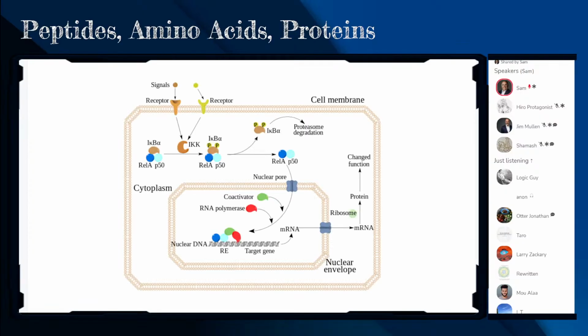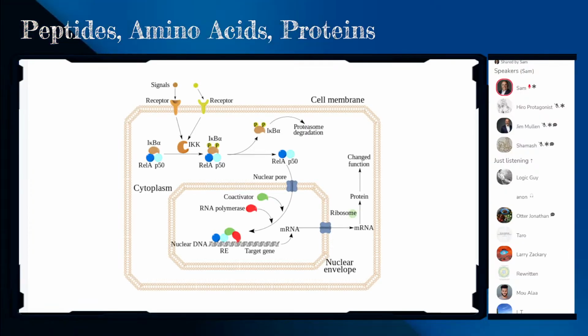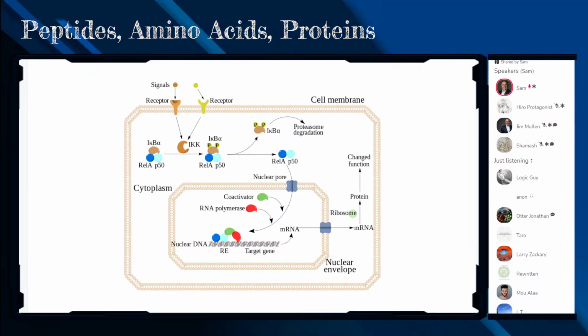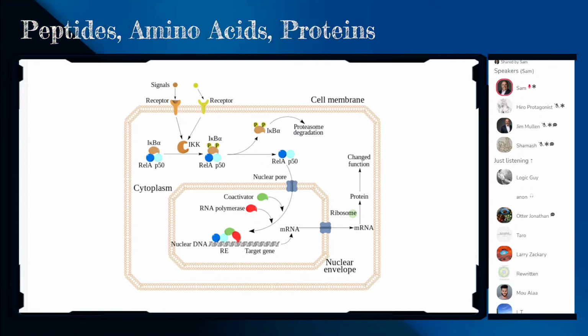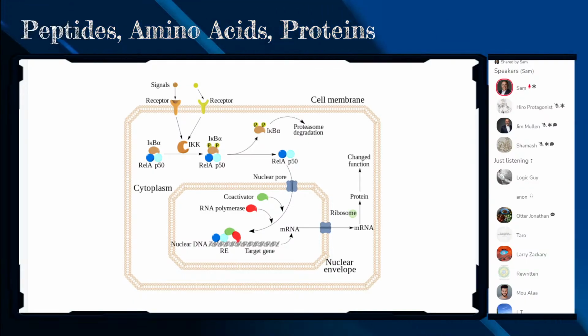So on slide 2, that's a cartoon of a cell where we have the cell membrane on the outside and the nuclear envelope or nuclear membrane inside the cell. And everything else that you see there, for the most part, except for the mRNA and the nuclear DNA, everything else is a protein. So the receptors on the cell surface are proteins.